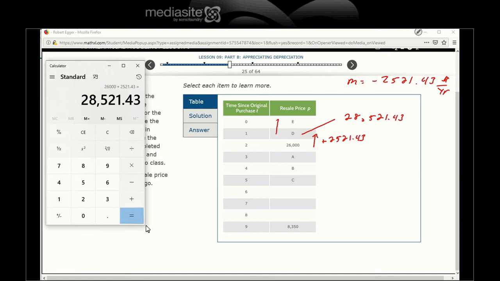And let's go from D to E another 2,521.43, plus 2,521.43, for 31,042.86.